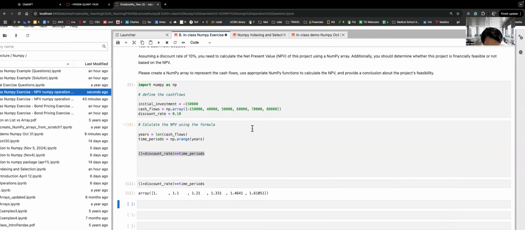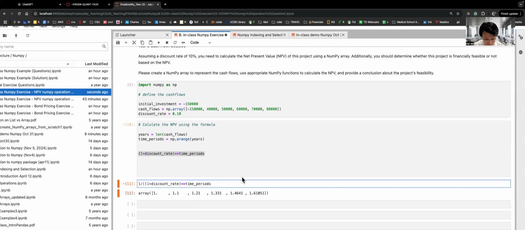So these are actually 1 over the discount rate factor, 1 over 1 plus the discount rate to the power of time periods, which will be the discount factors you're going to use to discount back all the cash flows.